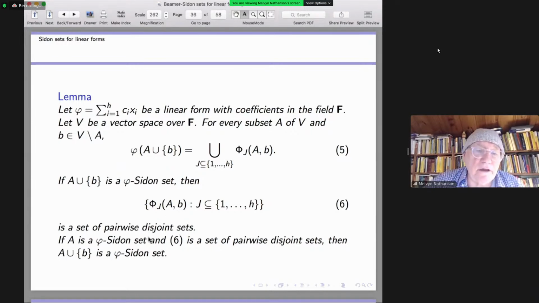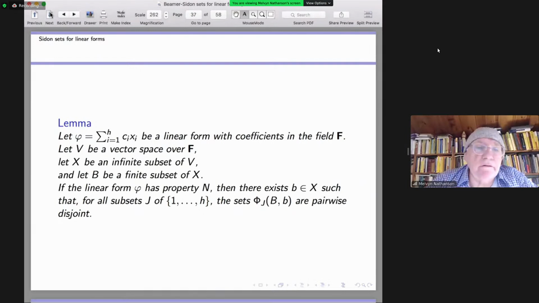And conversely, if A is a phi Sidon set, and you take a B not in A, and these sets phi_j of A, B are pairwise disjoint, then A union B is a phi Sidon set. So this is a criterion for when, if you start with a Sidon set, you can add another element to it and still have a Sidon set.